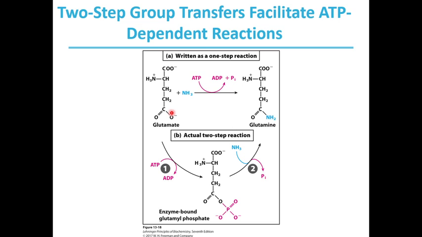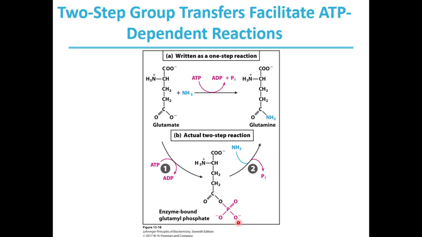So, throughout our next 3 chapters, we might see ATP being used in many different reactions that are written in one step. But in truth, what is actually happening is a 2-step reaction. The first step is activation of this carboxylate by attaching ATP and transferring a phosphate from ATP to this carboxylate.